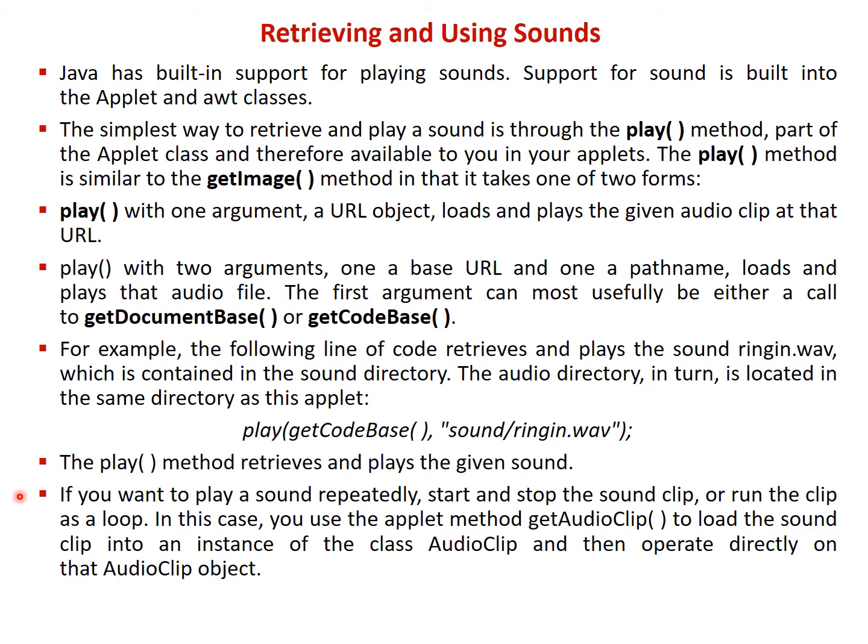If you want to play a sound repeatedly, start and stop the sound clip or run the clip as a loop. In this case, you use the applet method getAudioClip to load the sound clip into an instance of the class AudioClip and then operate directly on that AudioClip object.